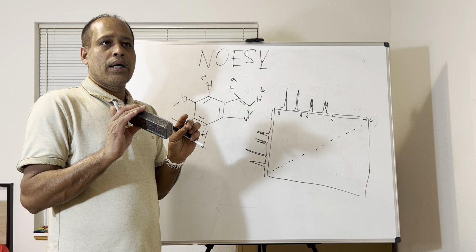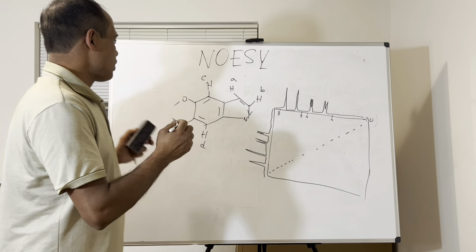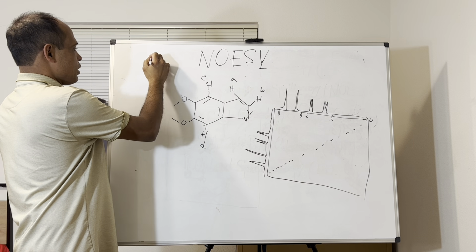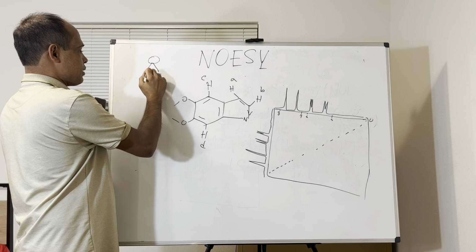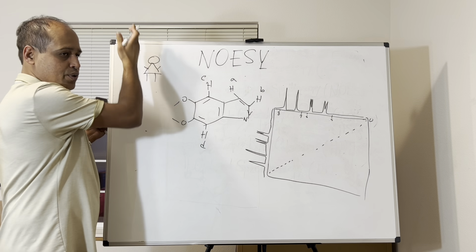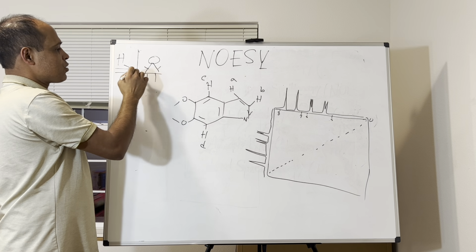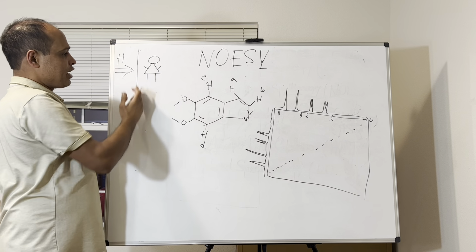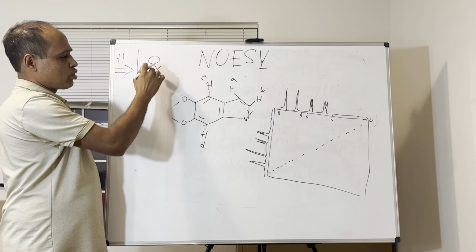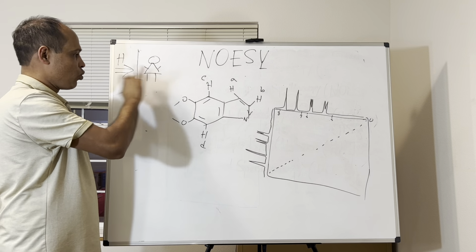More deshielded means there will not be any obstacle. Suppose a proton is like this, okay, and shielding means there is a screen in front of it, and if you apply the magnetic field, due to the shield or screen, that proton will dance slowly because the magnetic field is not working fully.